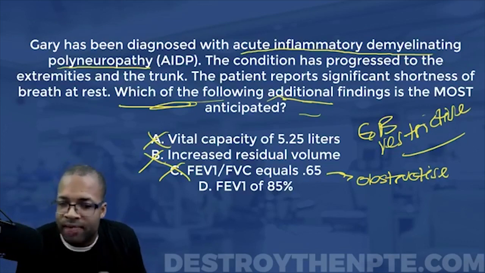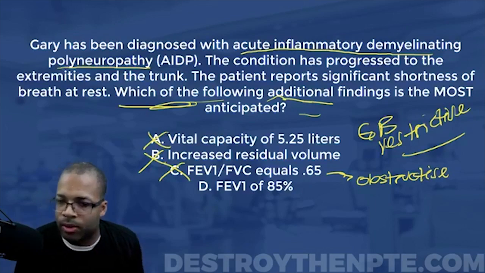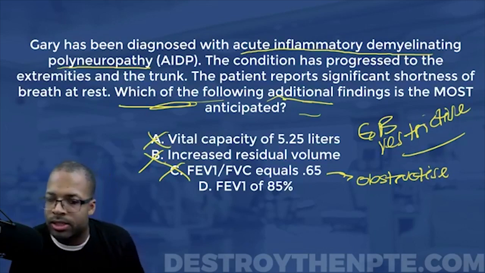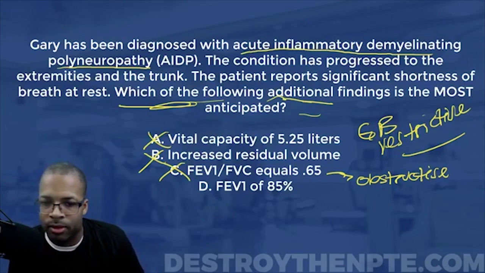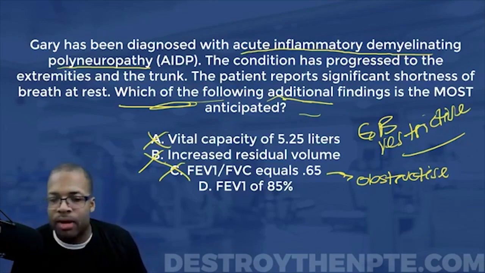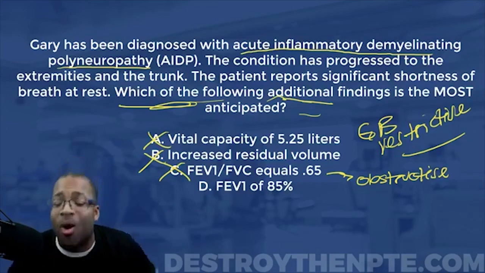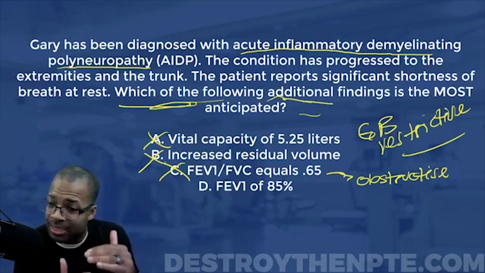So it says FEV1, the maximum amount of air that you can expire in 1 second, of 85%. Is that consistent with obstructive or is it consistent with restrictive? And I will tell you this. When it comes to obstructive conditions, you typically will see that the amount of air you're able to get out in 1 second is less.